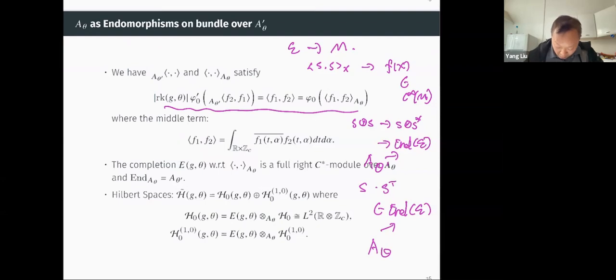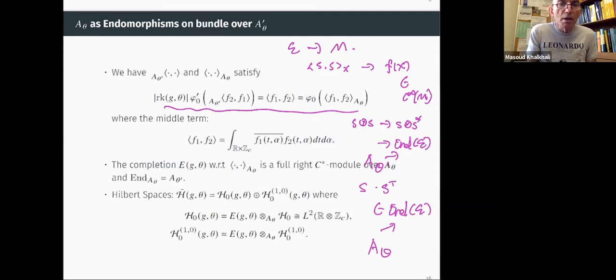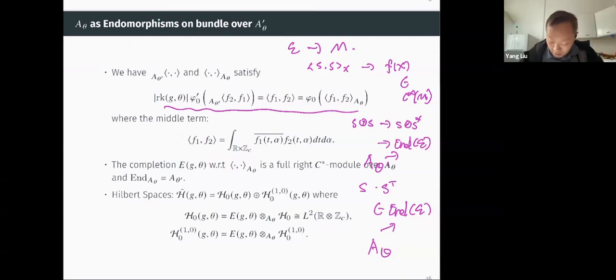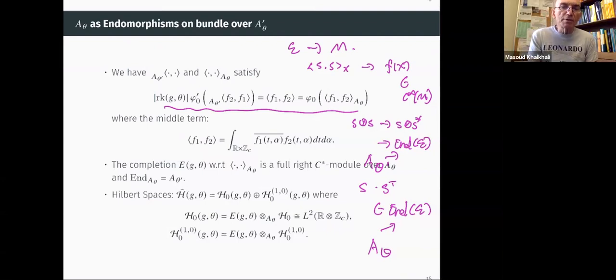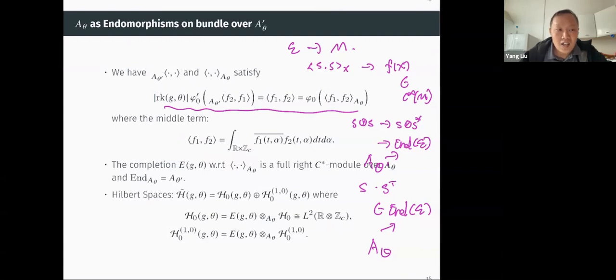Sorry, Yang, is this the associativity equation that you underlined? There is always an associativity equation which is very important in this Morita context to establish finite generation and projectivity. I think I skipped this associativity question because I want to focus on the inner product.